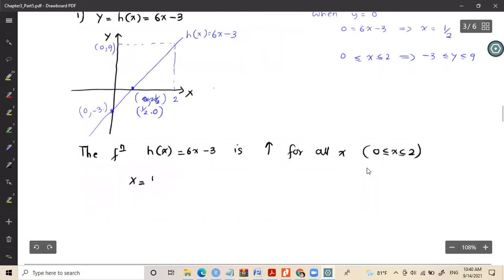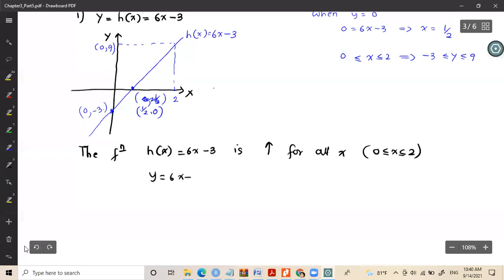So let's find the inverse function. Can you find the inverse function if I write it in two separate lines? If y equals 6x minus 3, what will be x? X will be y plus 3 over 6.